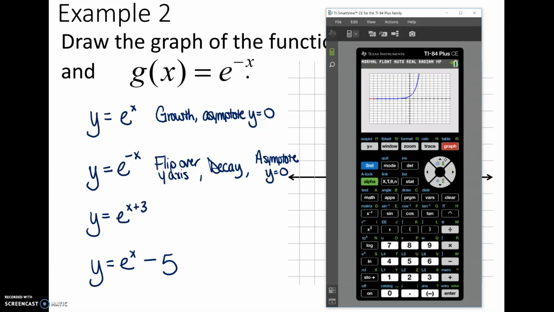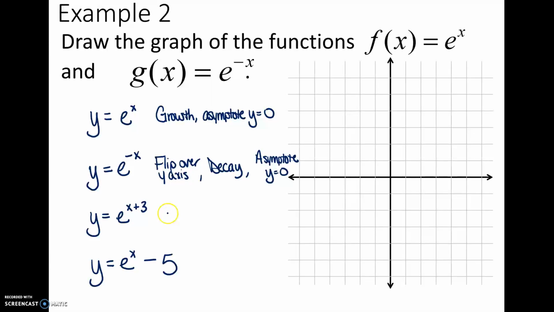Let's graph it. And that is what happened. It moved left 3. So in your notes next to this one, I would write down that it moved left 3. Your asymptote is still y equals 0. It didn't move it up or down, so it didn't affect that asymptote. What do you think is going to happen on that last one? Down 5.